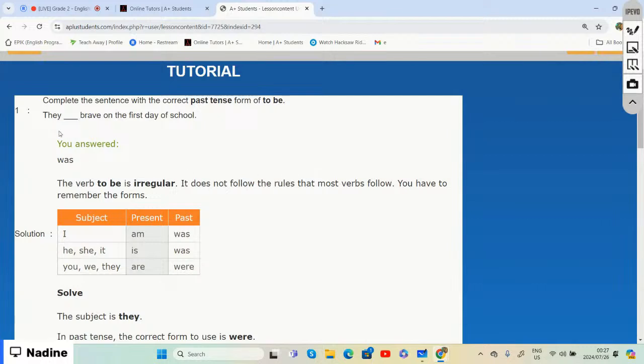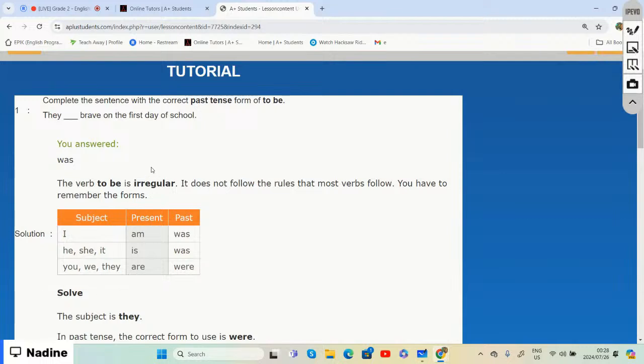For example, it says they. Look at this word, they.